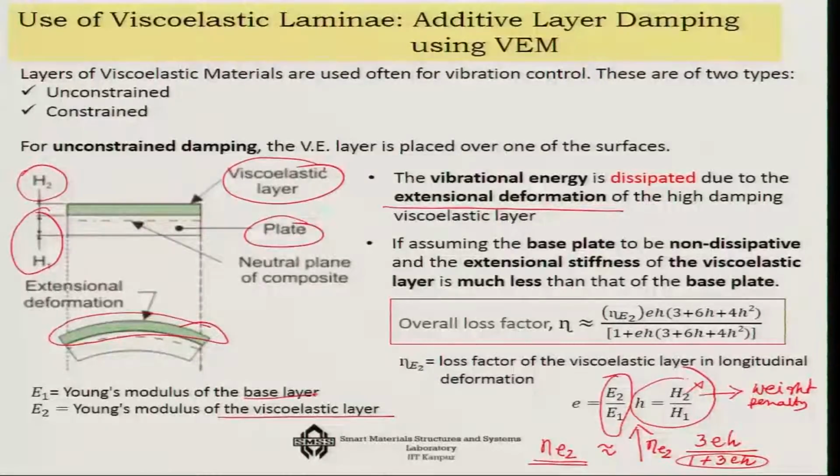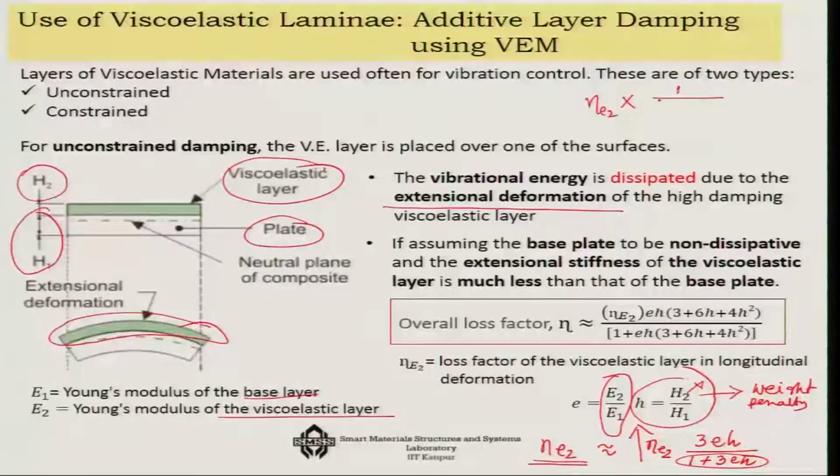Now, let us say that your E is very small. So, you can write this expression in a slightly neater manner. Suppose I write it as eta E2 times, let us say I divide top and bottom by 3EH.